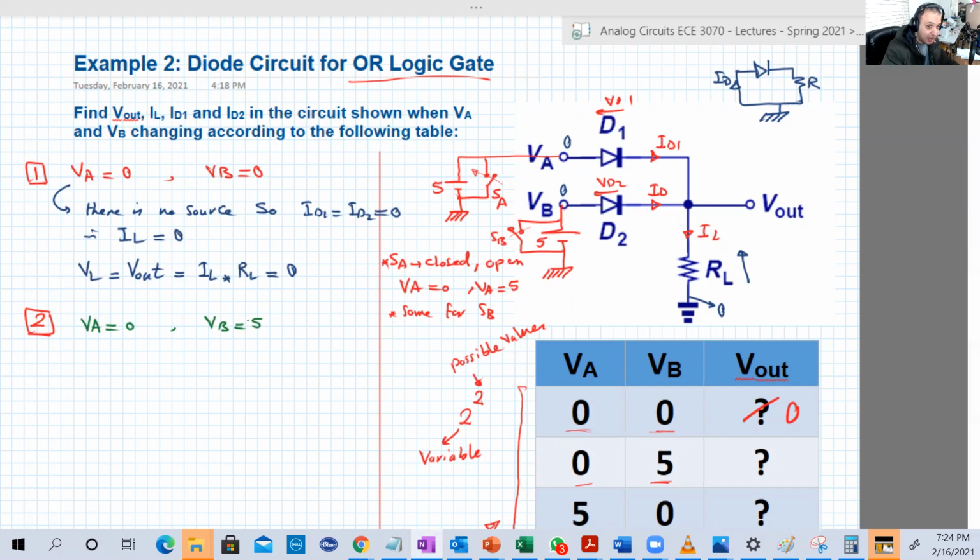Let's go to the switch example. This switch is closed, so A is connected to 0, but SB is open, so VB is equal to 5. So now we have 0 here and 5 here.